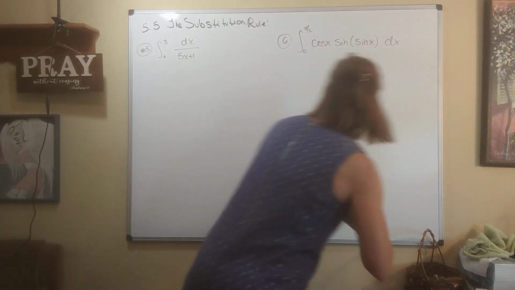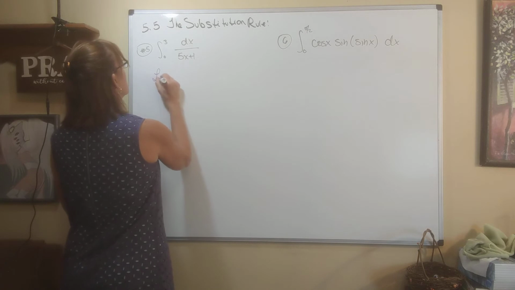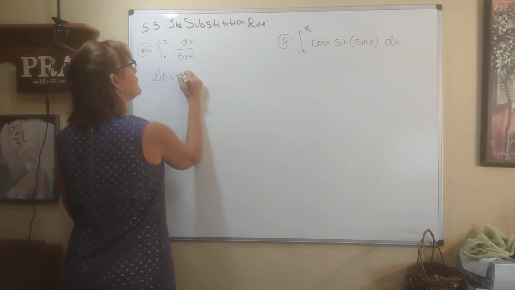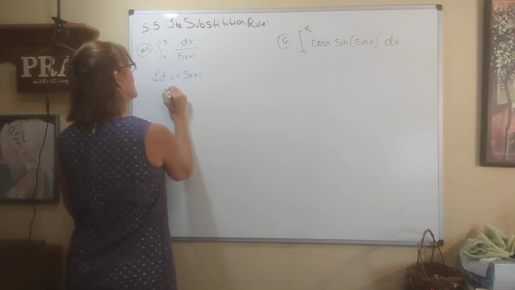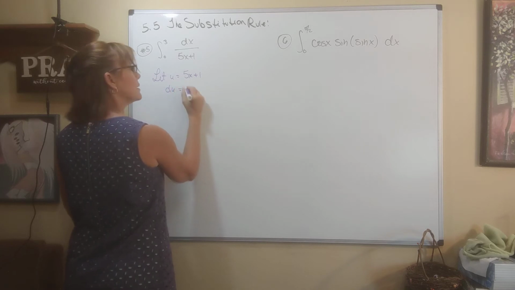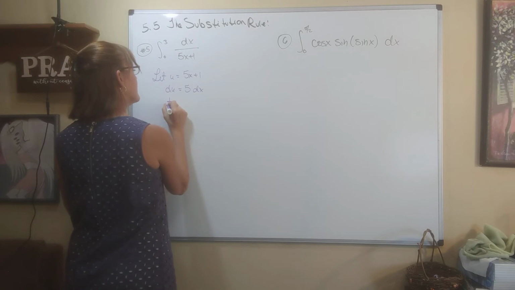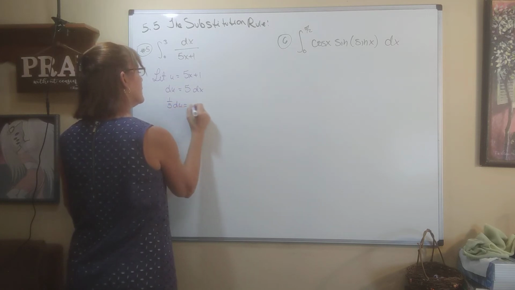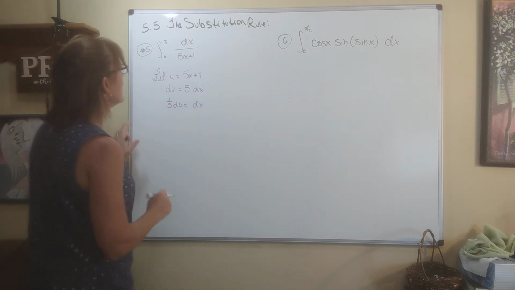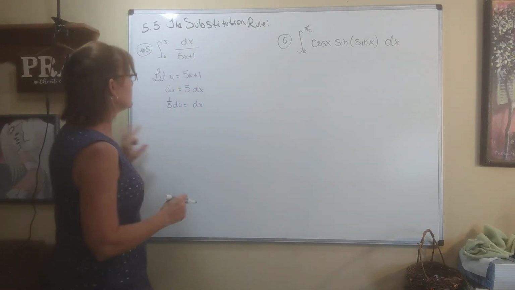So let's let u equal 5x plus 1. Then du is equal to 5 dx. And if I just want a dx, I can say 1/5 du is dx. Okay, then I can rewrite this in terms of u pretty easily.